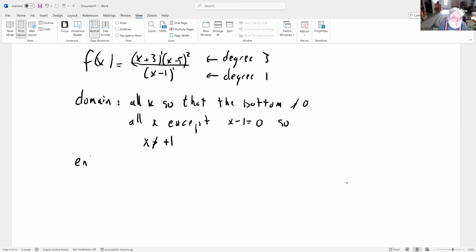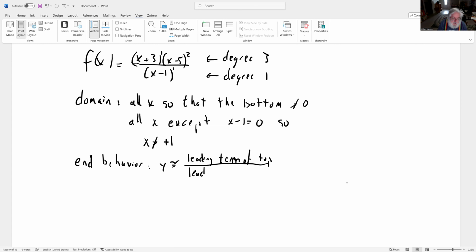Find the end behavior. And the end behavior is sort of like we did with polynomials. It's roughly the highest power in the top, the leading term in the top, over the leading term in the bottom.